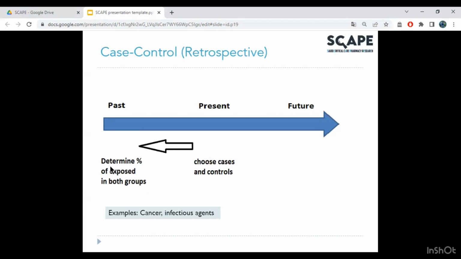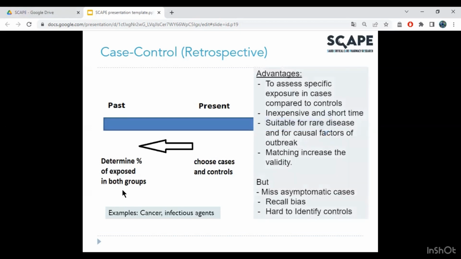The purpose of reviewing the data is to determine the exposure in the cases and the controls, so we can draw conclusions between the presence of the case and some exposure. In the case control, it is good to assess a specific exposure in cases compared to controls. So you can study many exposures and a specific outcome.